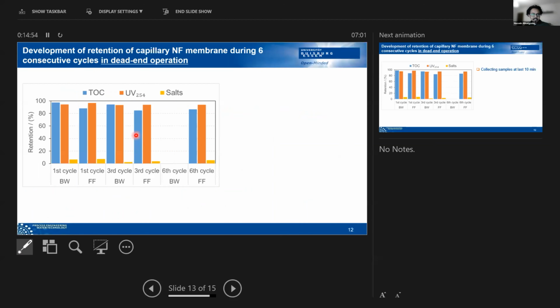The retention in the dead end, as you could see, is measured in terms of organics, in TOC and also UV 254.